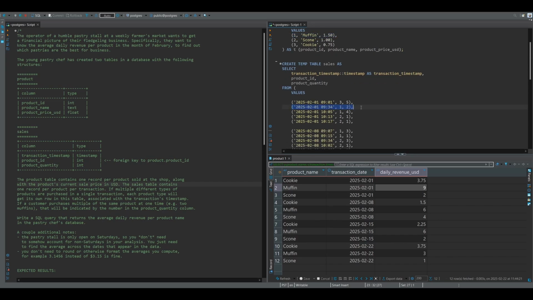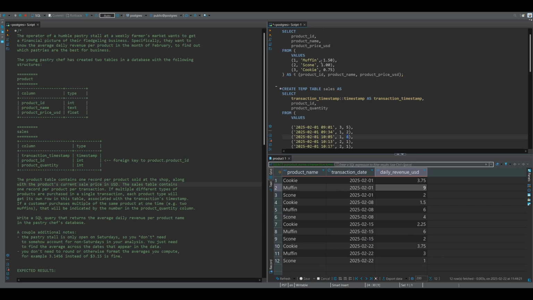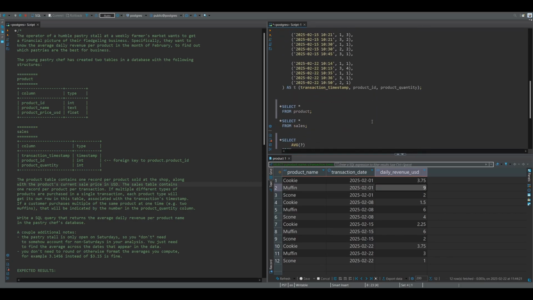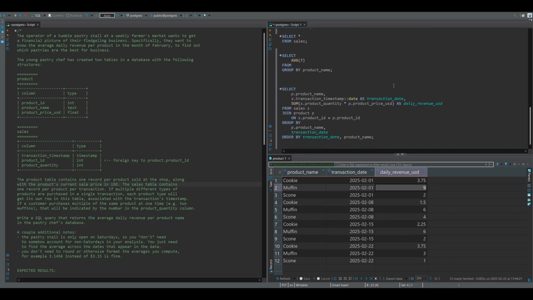On February 1st, we had 2 transactions for muffins. We sold 2 muffins, then 4. That's a total of 6 muffins sold. The price of muffins is $1.50 each. 6 times 1.5 is indeed $9, which is what we see in the aggregate here.